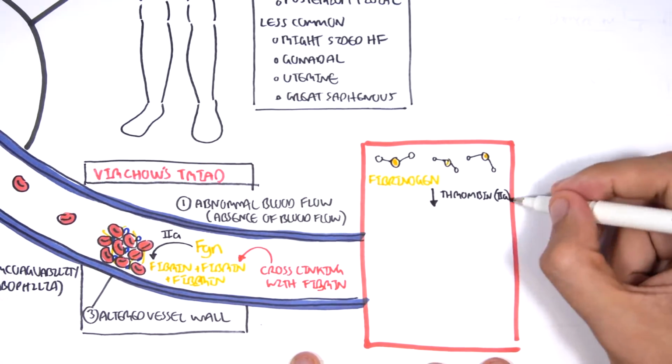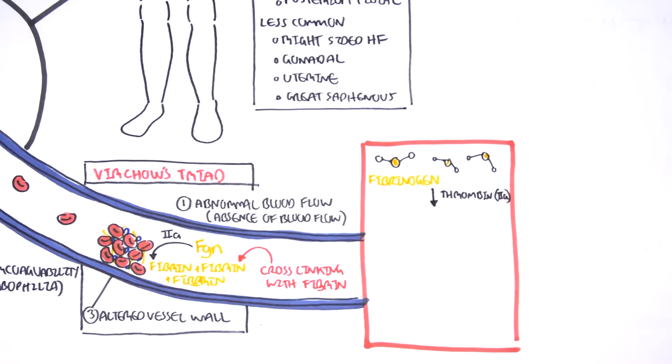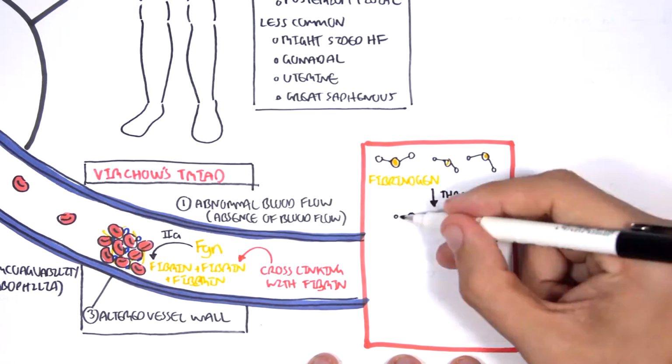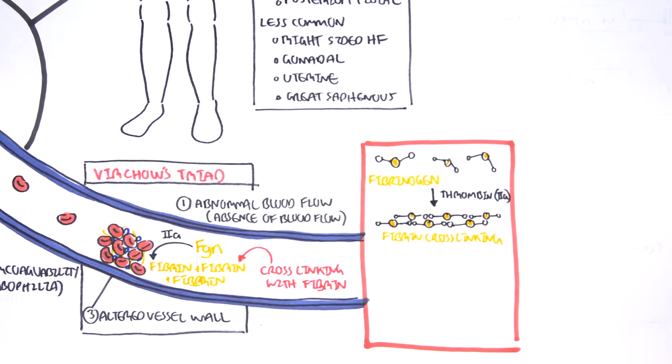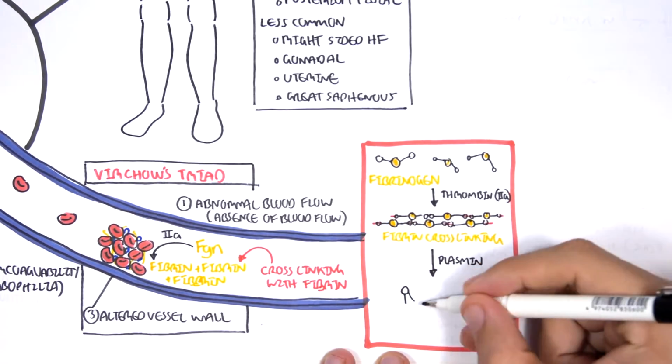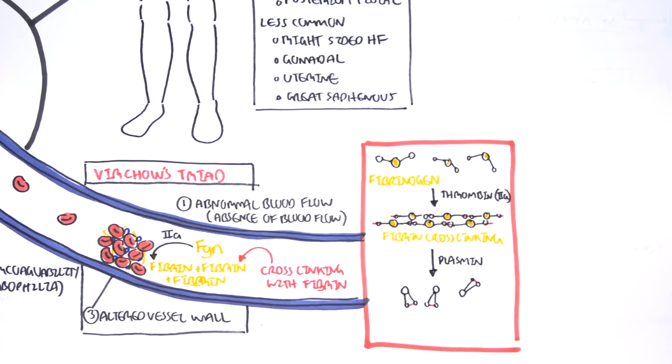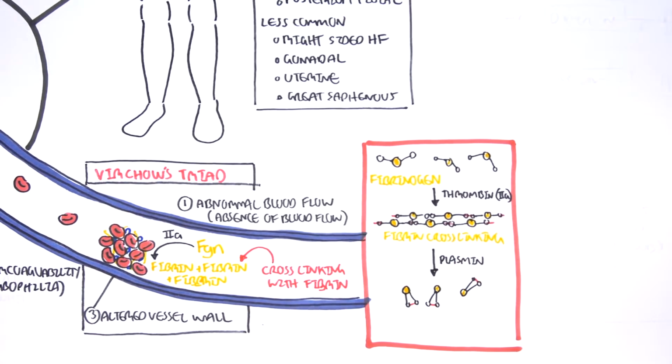Now, in the presence of thrombin, which is clotting factor 2A, fibrinogen becomes fibrin. And these fibrin will essentially link together with their D segments. It will form cross-links with their D segments. So you get fibrin cross-linking. In the presence of plasmin, the fibrin mesh is broken down. So basically the outcome is that you get these D dimers being formed.